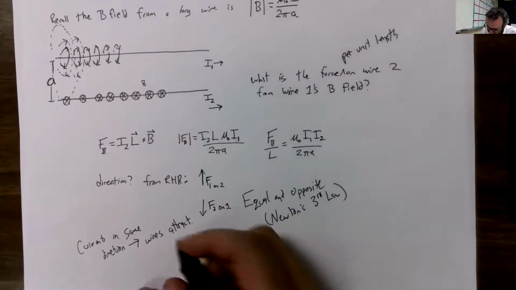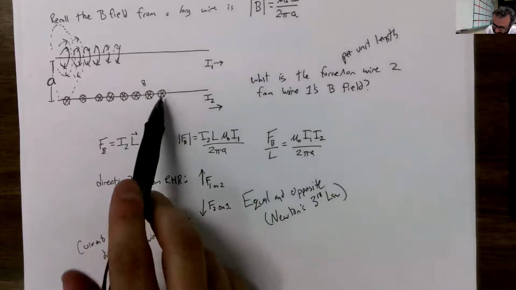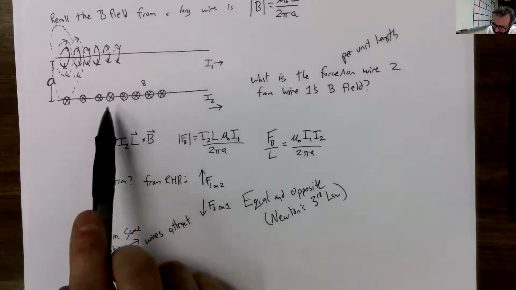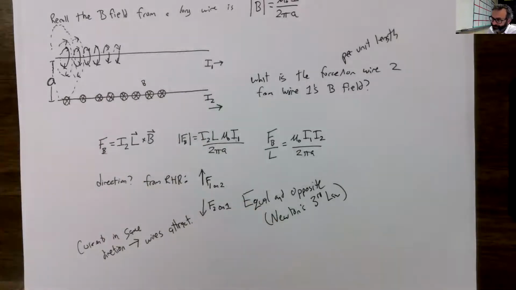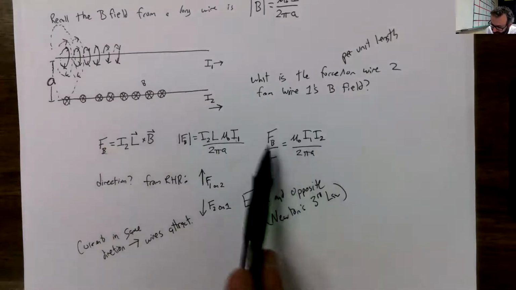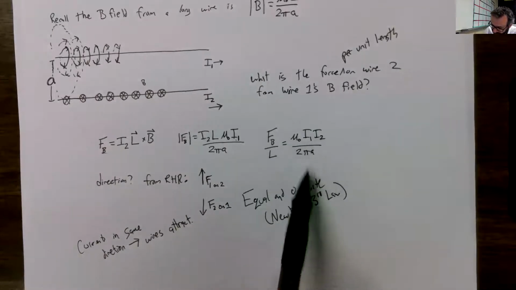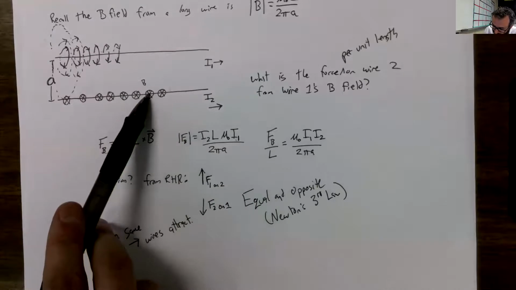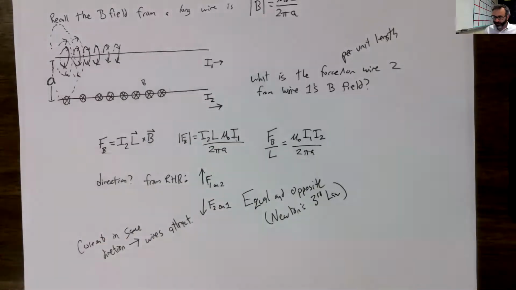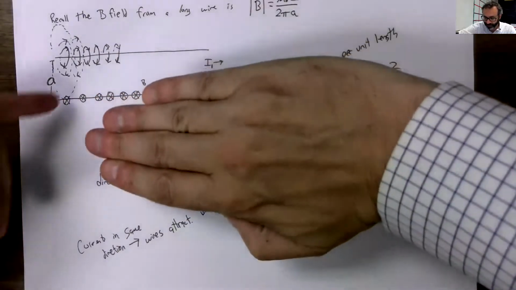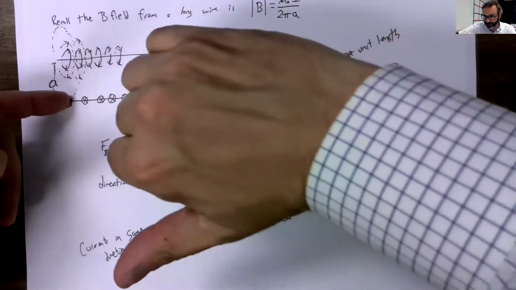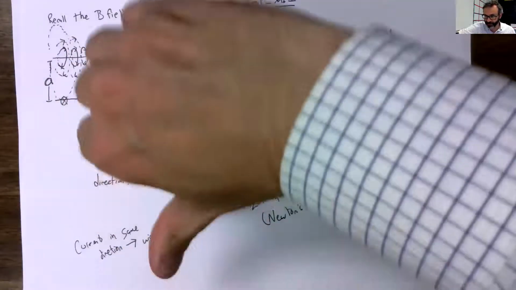And then let's look now. Let's switch the direction of I2. So what happens if the currents aren't going in the same direction? The magnitude is the same, nothing here changes. But now when I try the right-hand rule, instead of my L starting to the right, I have to have my L to the left. My magnetic field here is still into the page. So now I get a downwards force.